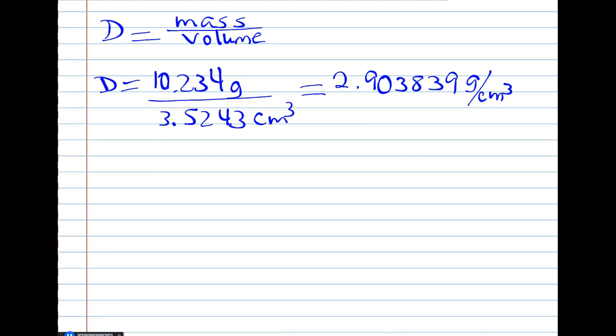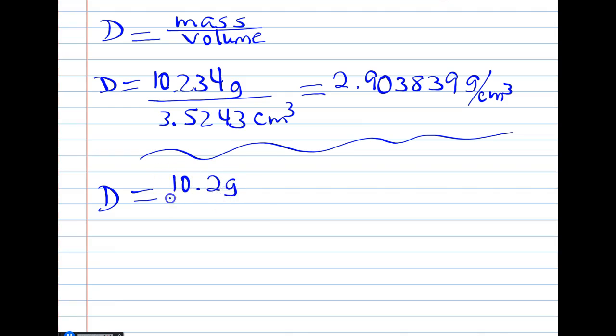Now, if we were to do the other calculation using the measurements from the other tools we used, then we can say that the mass of the object, as shown from digital scale number 2, was 10.2 grams, and the volume of the object from the first graduated cylinder was 3.5 cubic centimeters.